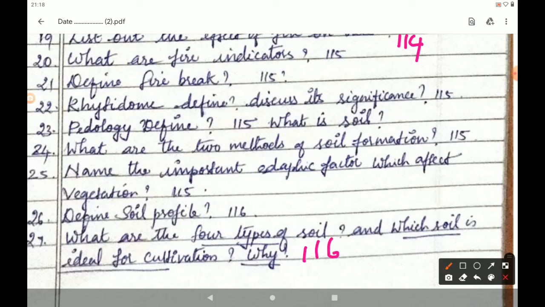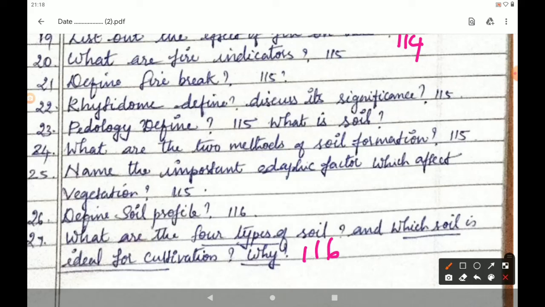The 4 types of soil are given in the green colored box at the bottom of the page: clayey soil, silt soil, loamy soil, sandy soil. There are 4 types of soil.